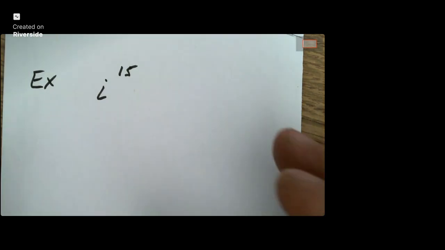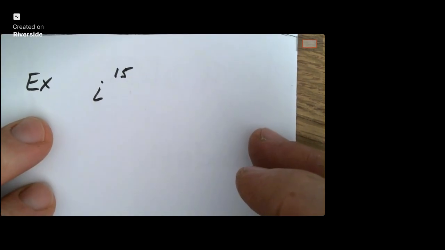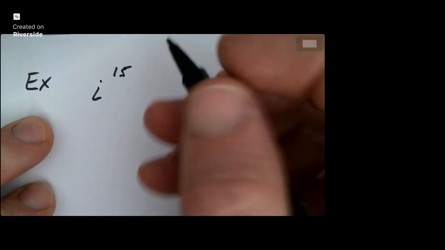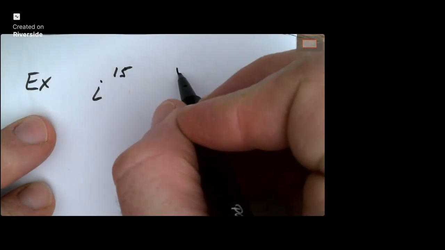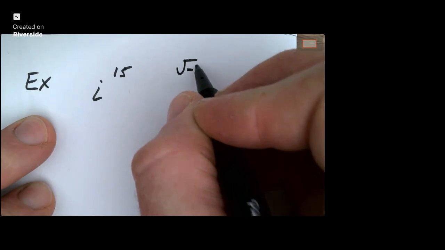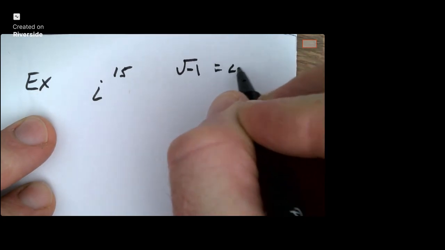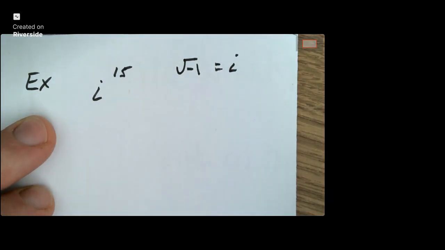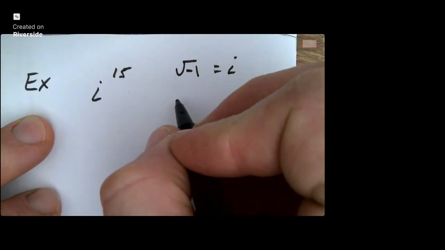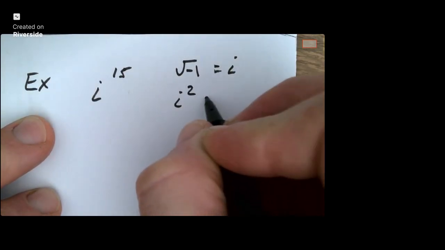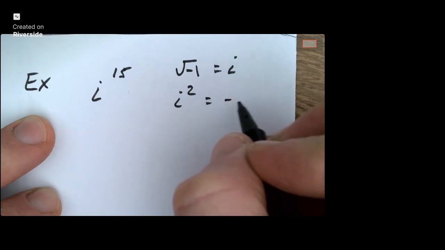So a couple of things to remember here. We really need to understand that the square root of -1 is i. Okay, and also we really need to understand that i squared equals -1.